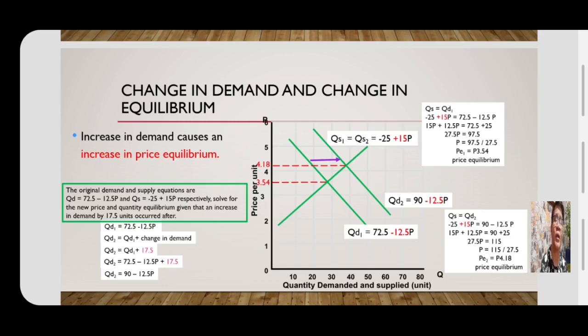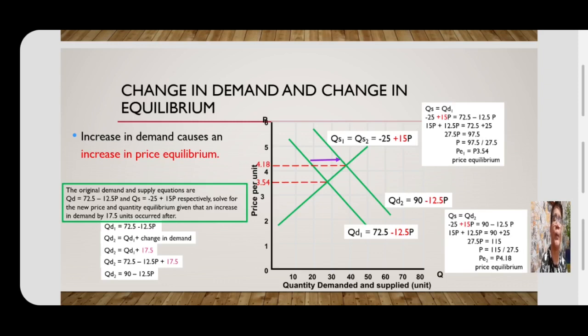And our QD sub 1 is given the equation of 72.5 minus 12.5P, while QD sub 2 is equal to 90 minus 12.5P. So obviously, the shift of the demand curve is directed to the right, while there is no change in supply.